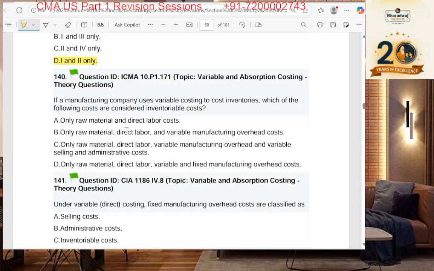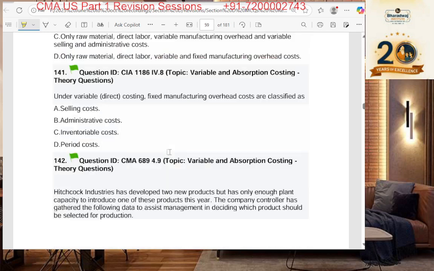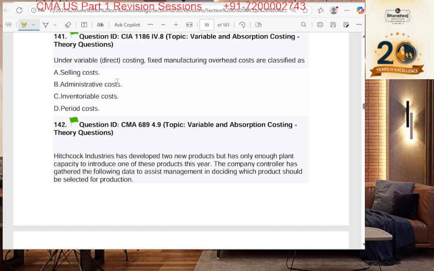Will you include variable administration and selling overheads? They are period costs, sir. Raw material, direct labor, and variable manufacturing overheads only can be included. Under direct costing, fixed manufacturing overheads are classified as period cost.